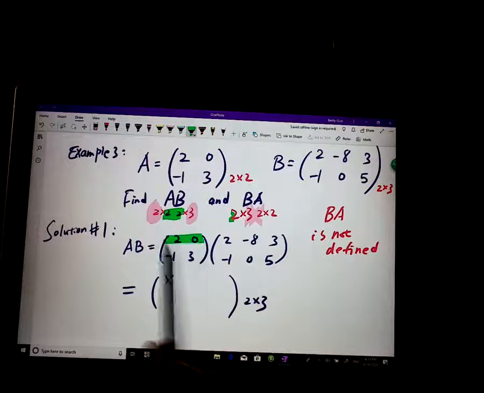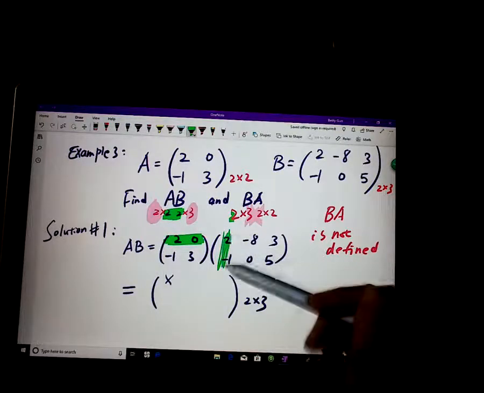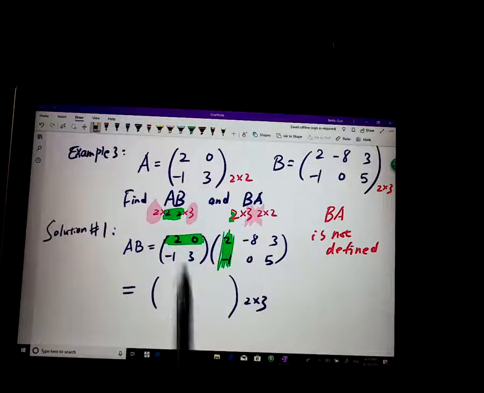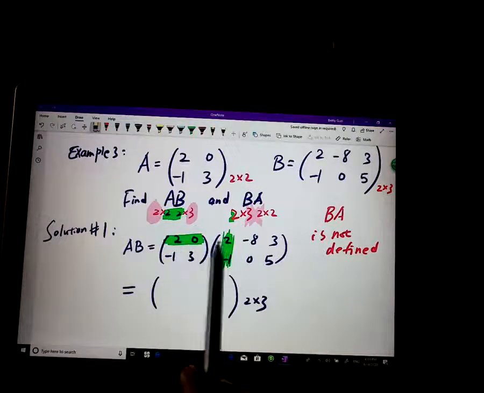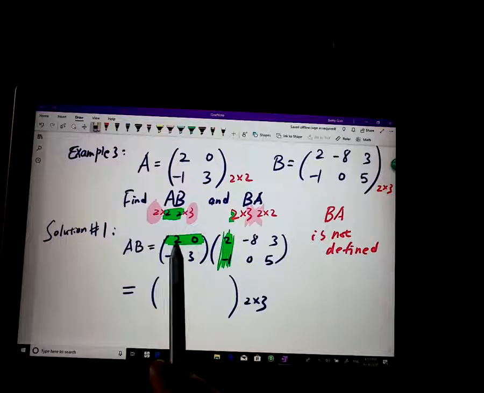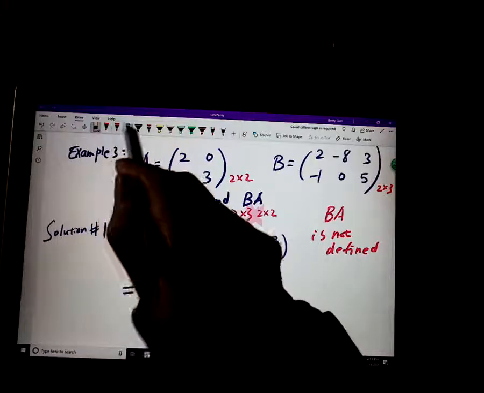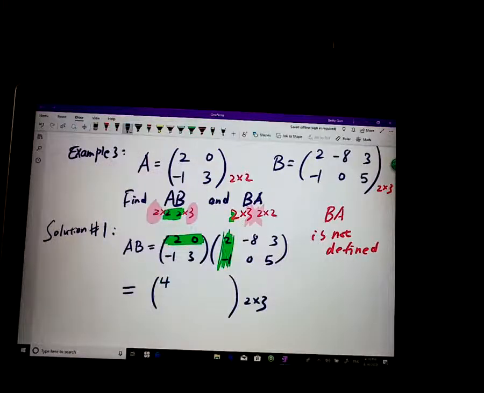Row 1, column 1. Multiply the corresponding entries and add them up. 2 times 2, 4. 0 times -1, 0. So we have 4 here, in row 1, column 1.